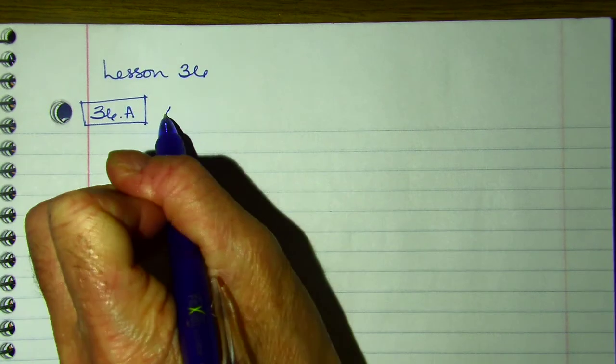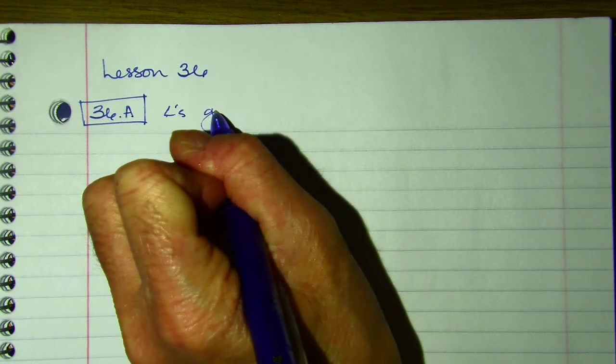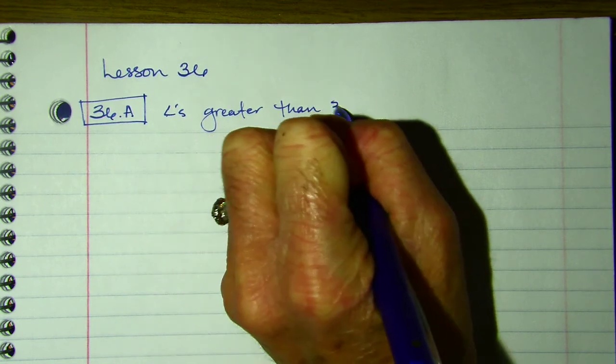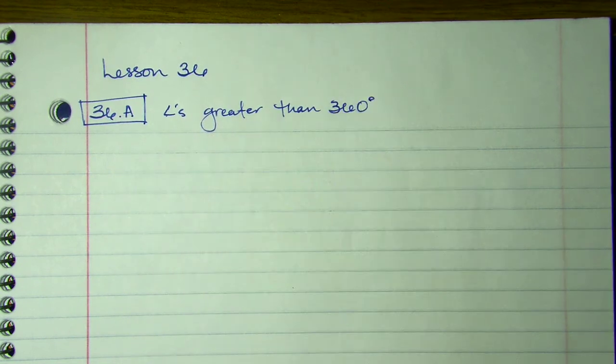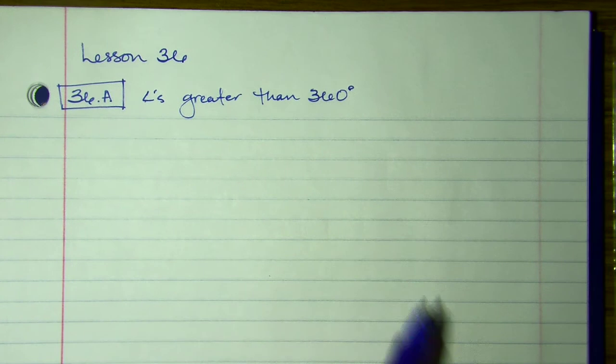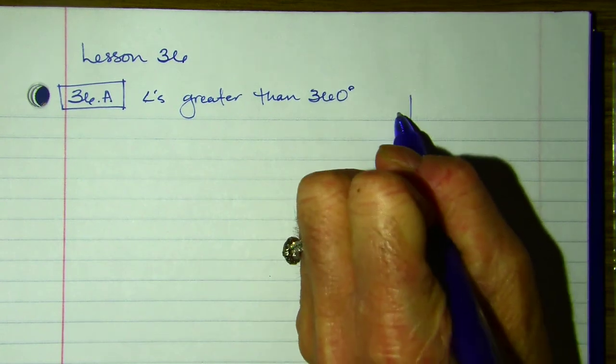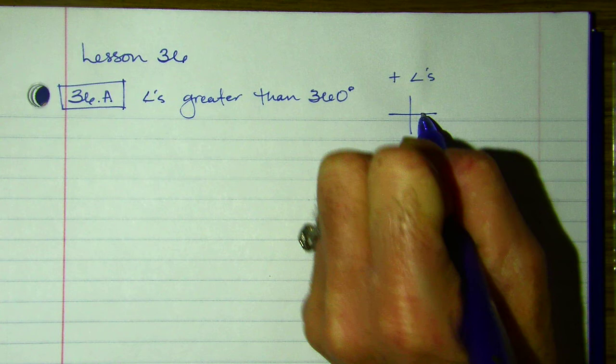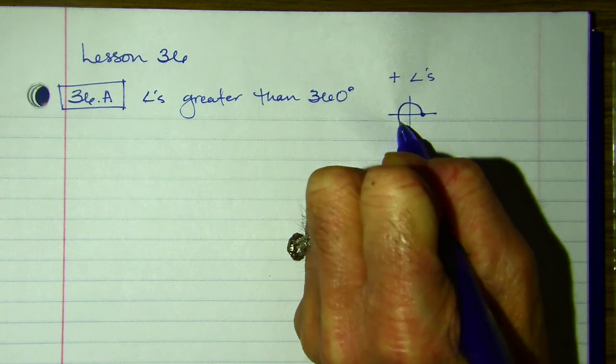So lesson 36, we're going to start in 36.A. And this covers angles greater than 360 degrees. So first let's review that positive angles, we always start from the x-axis, but I would go counterclockwise.